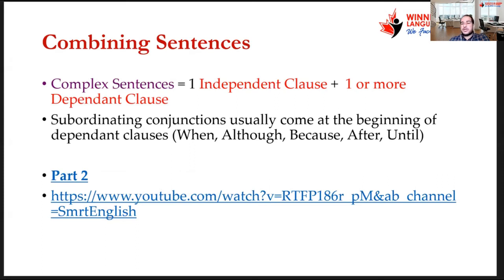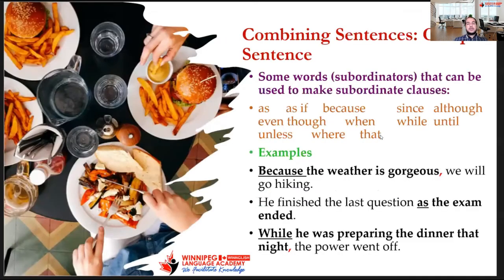Yes. Perfect. Thank you. So now again, these are some types of the subordinating conjunctions, and they are as if, because, since, although, even though, when, while, until, unless, where, and that. So this is an example. Because the weather is gorgeous, we need to include a comma here because we started with a dependent clause.